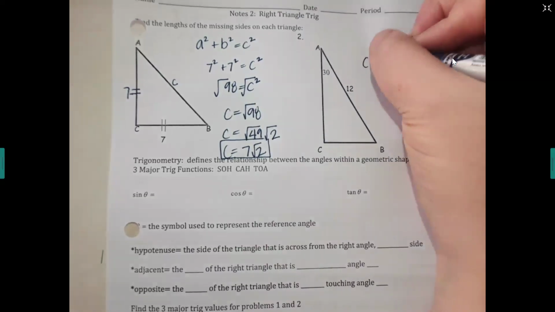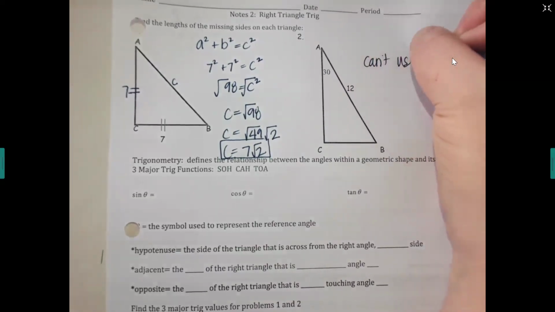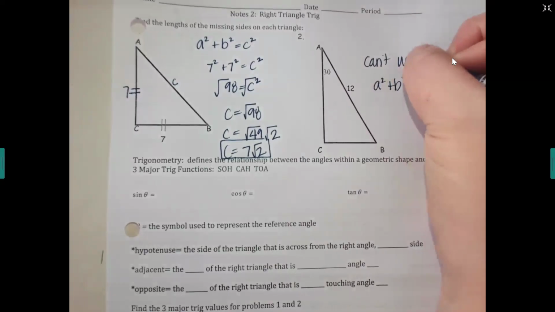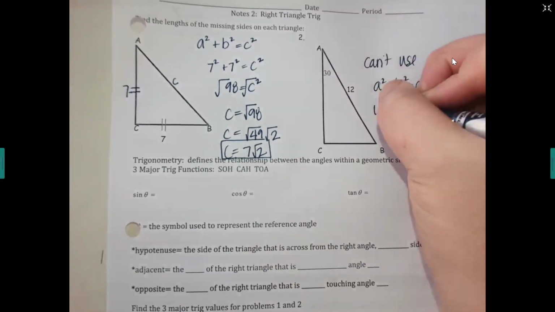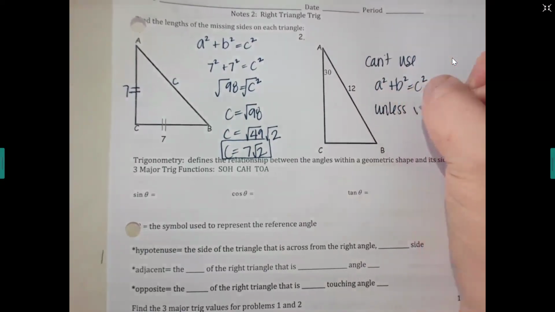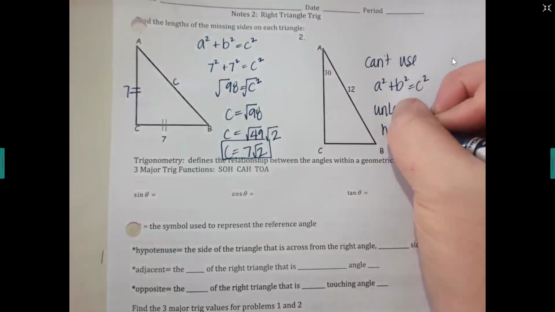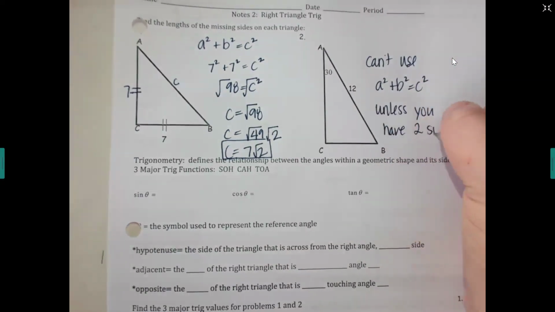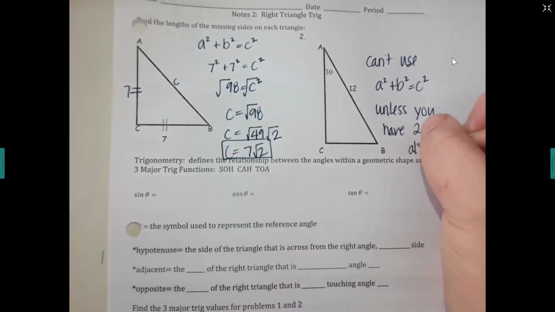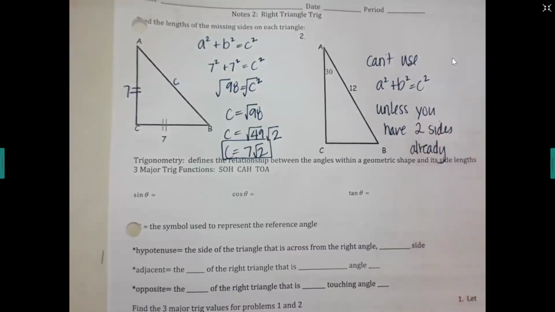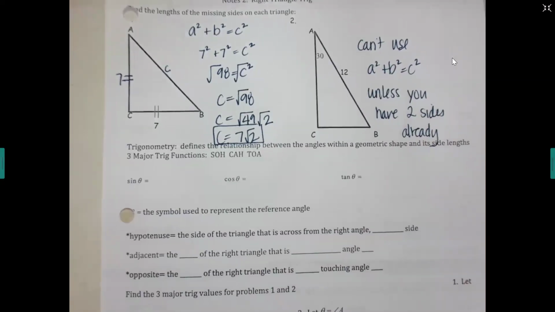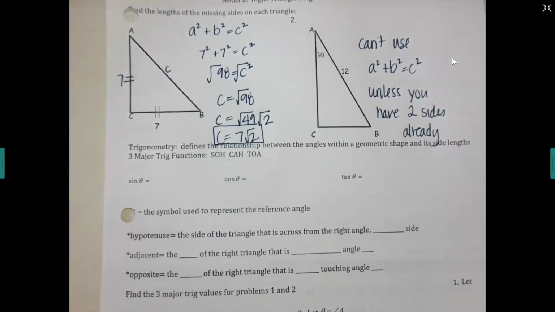So we're going to put: can't use a squared plus b squared equals c squared unless you have 2 sides already. Okay, so if you get a triangle where you're only given one side, Pythagorean theorem is not going to work. There are other methods that we'll learn in this unit on triangles, but for right now, you've got to already have 2.